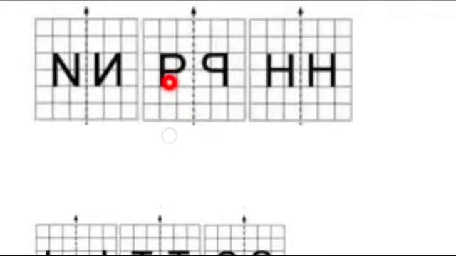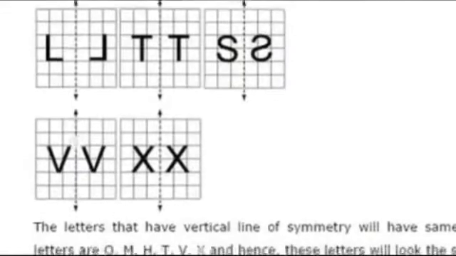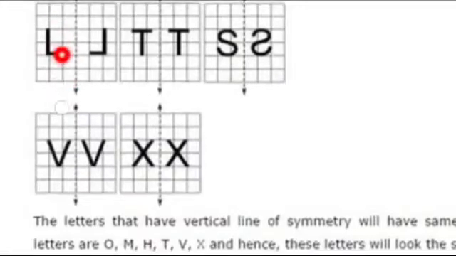This is letter P. It has the mirror reflection exactly opposite. This is letter H, and it has the same mirror image. So there is no difference between outside and inside the mirror, right? Now let us go for the letter L. This letter L has an opposite mirror reflection.